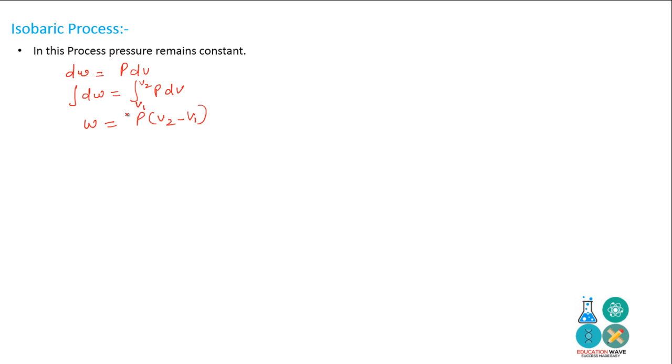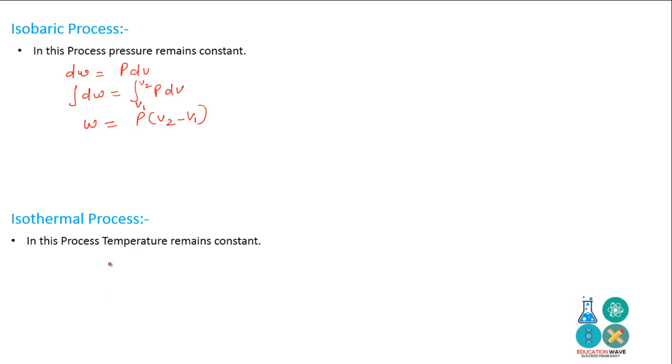Another process is the isothermal process. In the isothermal process, the temperature remains constant. This is a very important process in thermodynamics.